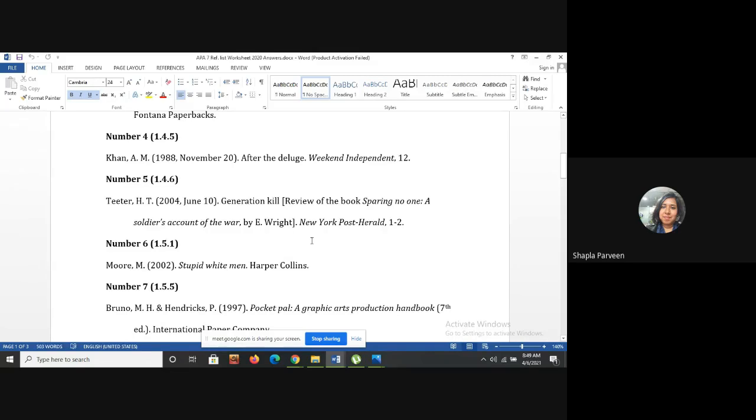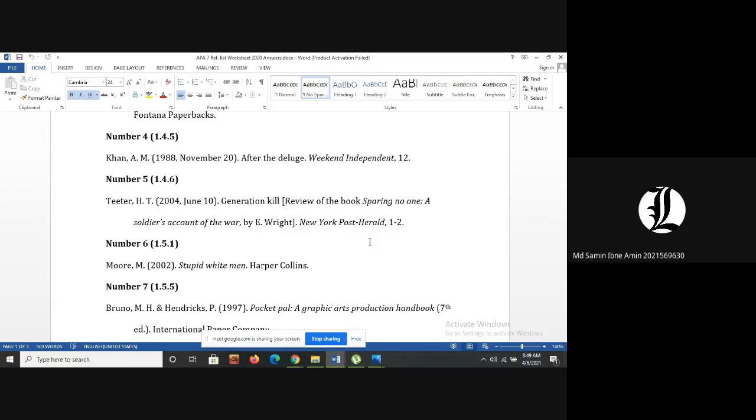And this was New York Post Herald. I think probably it's a magazine, or could be a newspaper as well. The review was published in this newspaper. Do you think it's the name of a newspaper, New York Post Herald? Does it sound like a newspaper?